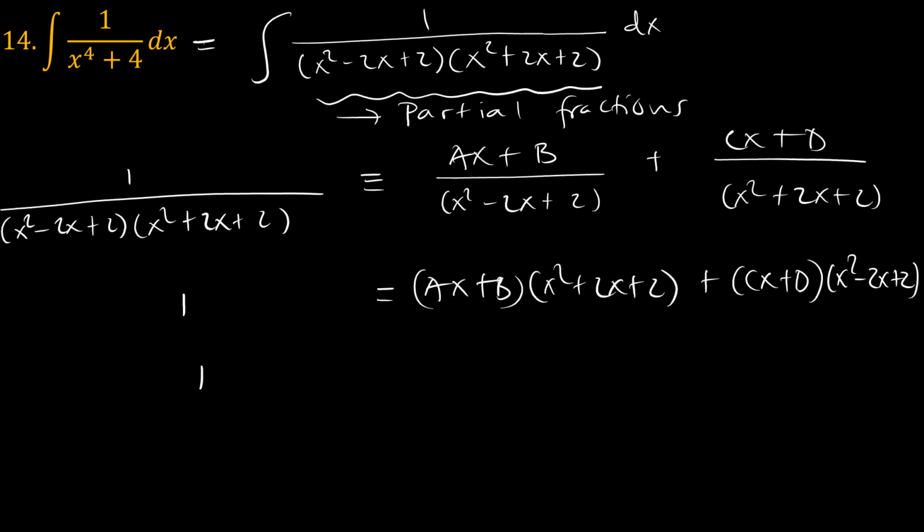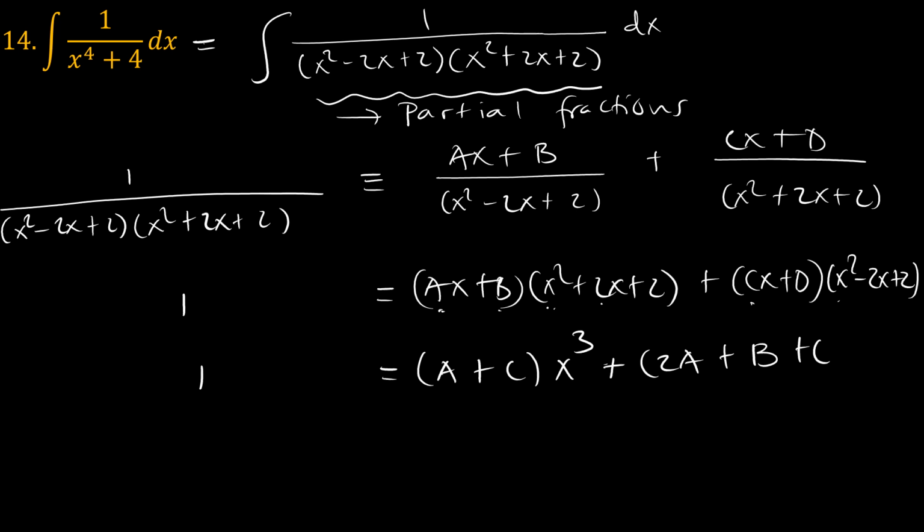So 1 is equivalent to this times this. We have a, and then this times this, we have c x cubed, plus this times this, we have 2a, plus b, this times d plus c.